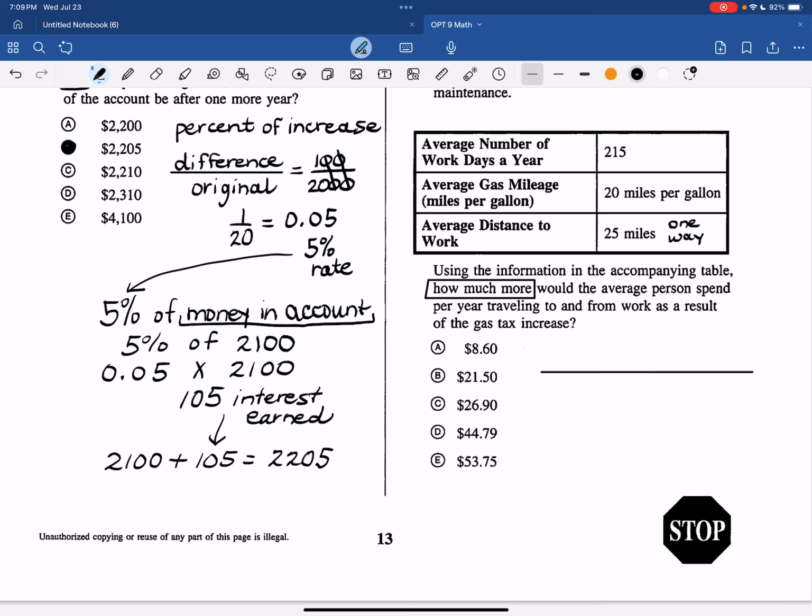Okay. So here is home, and here is work. And we know that this is 25 miles this way. So it's going to be 25 miles the other way. So I'm going to allow for 50 miles round trip.